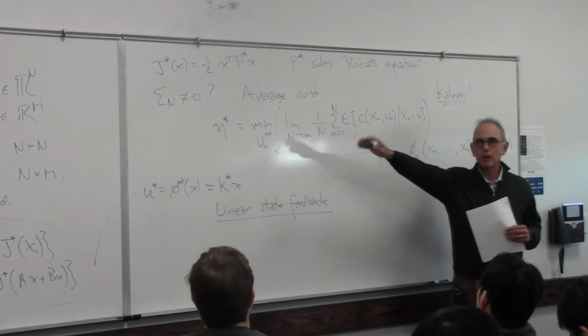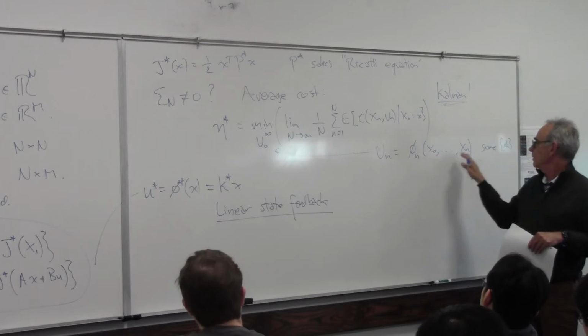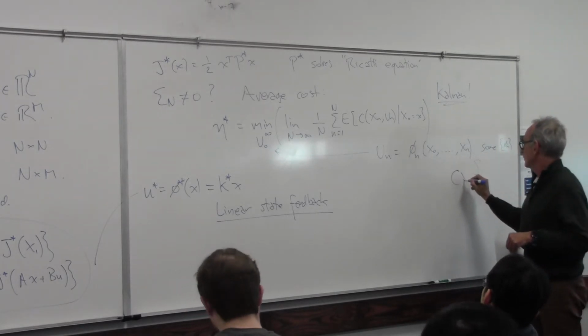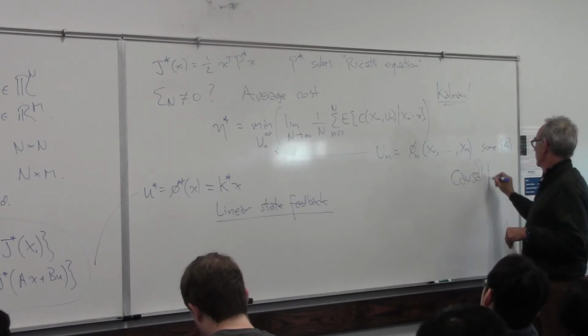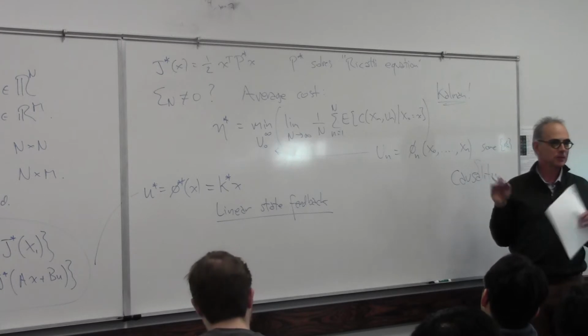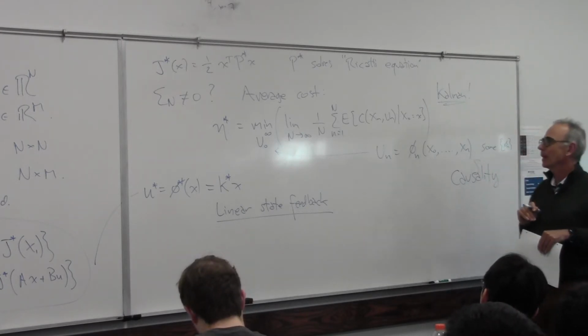I could be much more cavalier in deterministic settings; it doesn't make any difference. But here, I've got to make sure that I impose causality. So if I could predict the future, I could cancel out the noise, perhaps, and get 0 cost. But I'm causal. I can't predict the future.